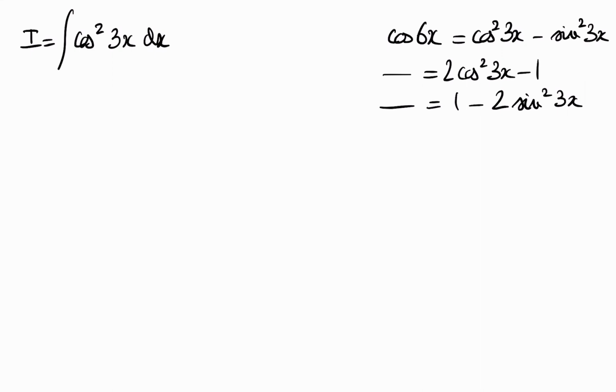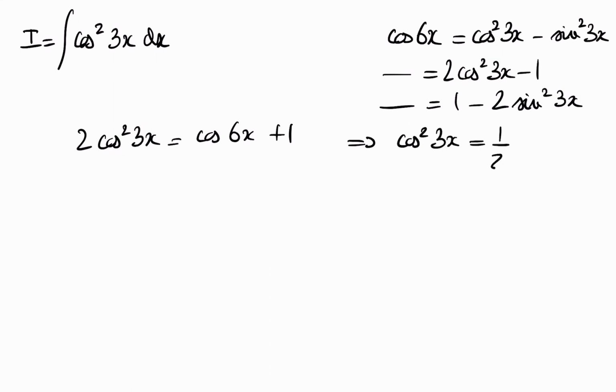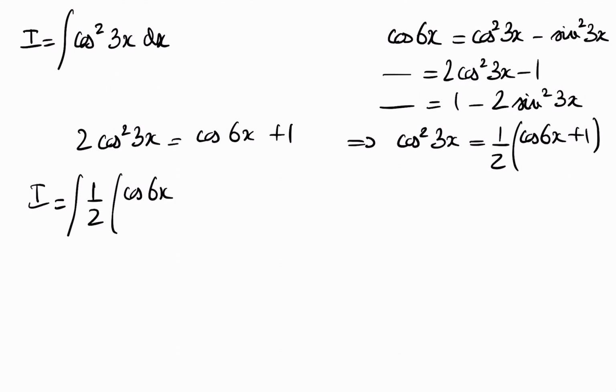So from the second line we get 2 cosine square 3x is equal to cosine 6x plus 1, and therefore cosine square 3x is equal to 1/2 of cosine 6x plus 1, which we substitute in the integral. So that's the integral of 1/2 of cosine 6x plus 1 dx.